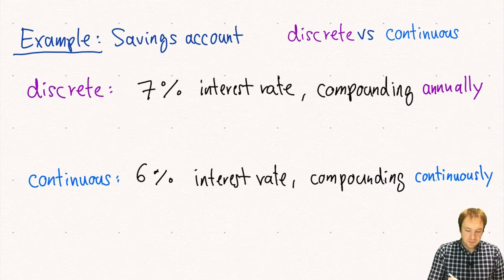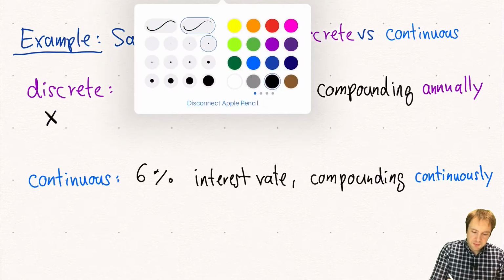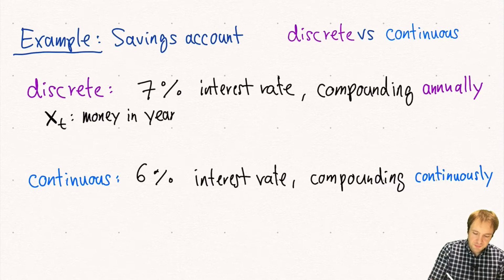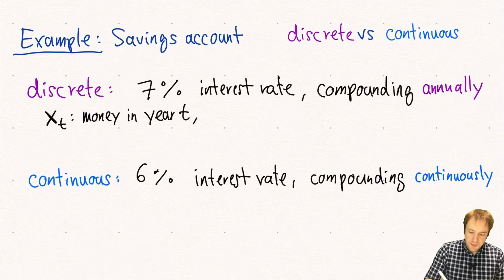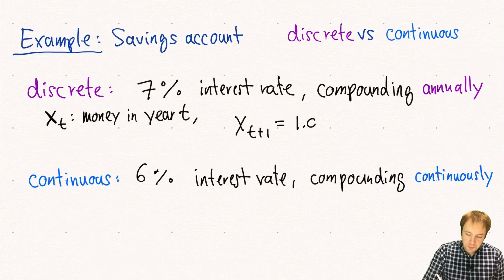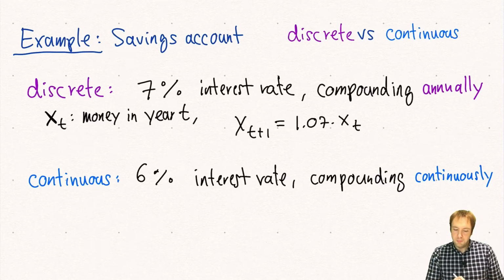So this means that if x_t is the money in year t, then x_{t+1}, well, 7% means you multiply with 1.07 your current money, which is x_t.